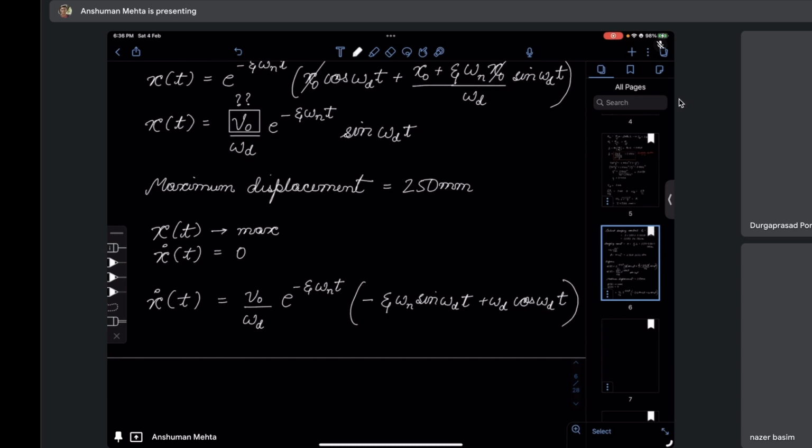Now we have to put this as 0. We can get the expression of velocity by differentiating the response.